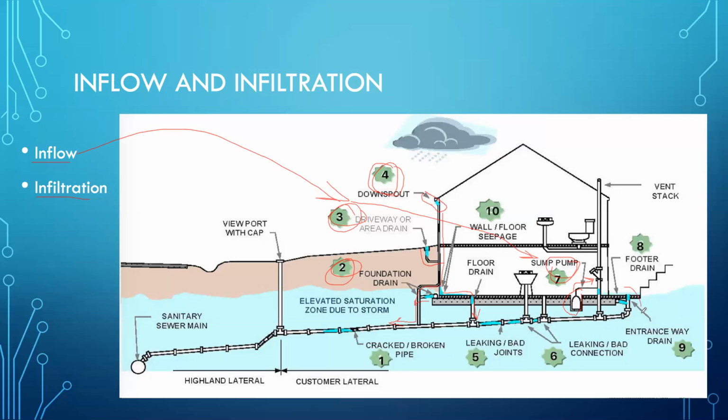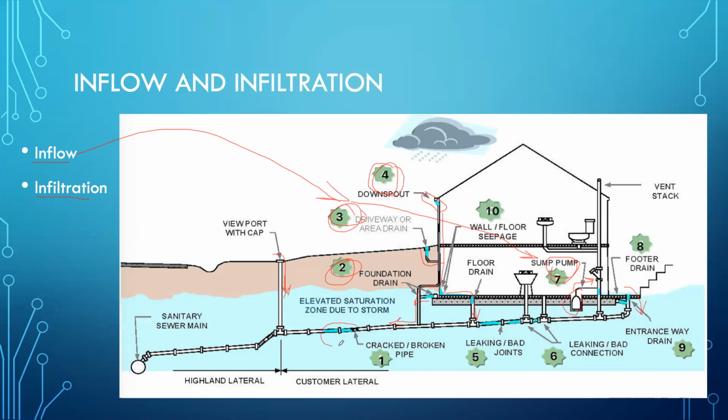The footer drain directly connected, and the sump pump they connected into the vent stack. That's actually pretty good. If you're going to do an illegal connection, that's actually kind of ingenious plumbing when you think of it. I wouldn't have thought to do that, and I've done a lot of amateur plumbing butchering. So those are most of our infiltration examples. If the viewport or the clean out cap had failed, there would be a direct connection that way.